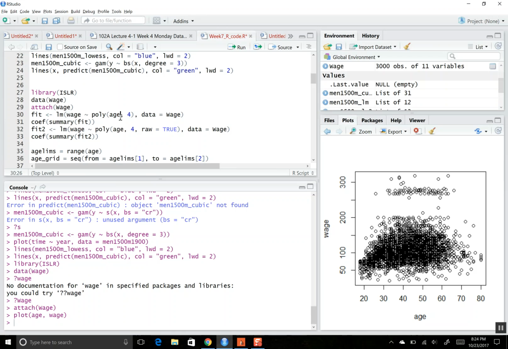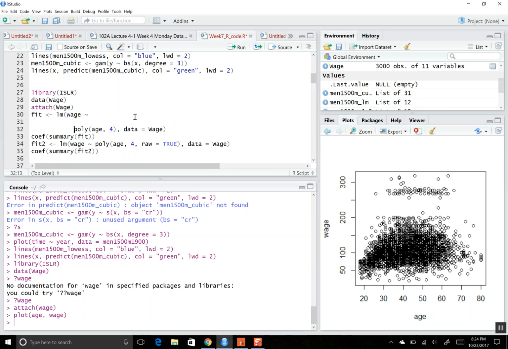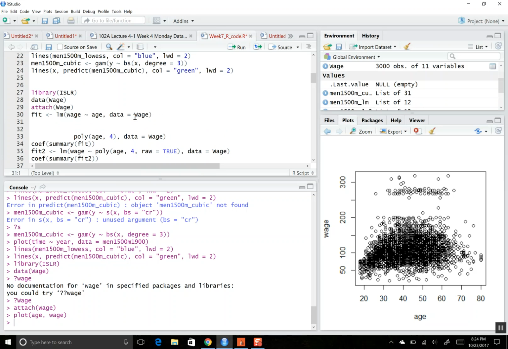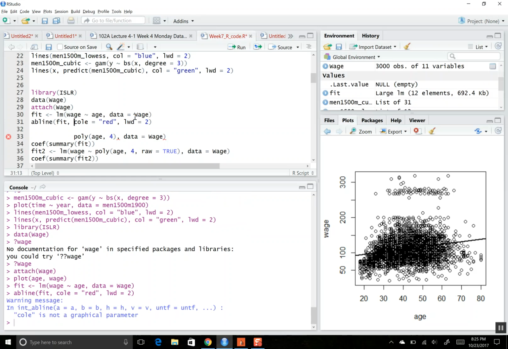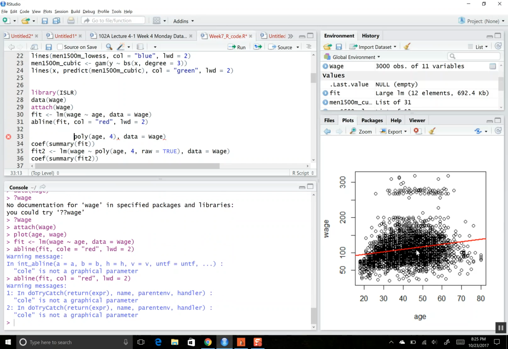If I just fit a regular old linear model, this is going to be a terrible fit. If I do this, okay, this is not a very good fit at all, right?